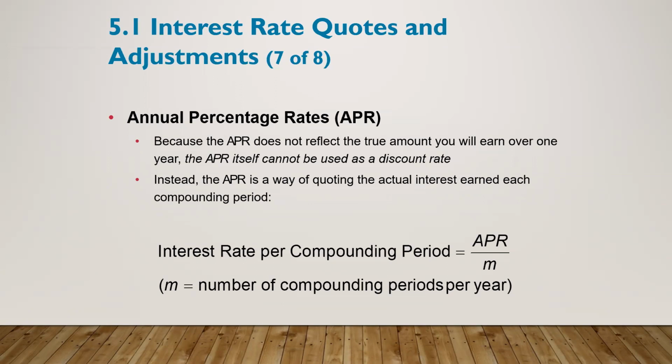Because the APR does not reflect the true amount you will earn over 1 year, the APR itself cannot be used as a discount rate. Instead, the APR is a way of quoting the actual interest earned each compounding period. So you have interest rate per compounding period equal to APR over M, and M is the number of compounding periods per year.